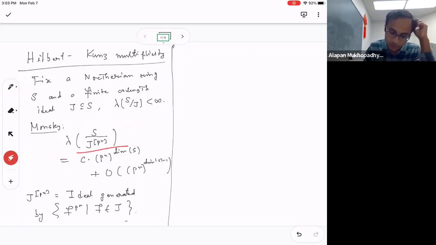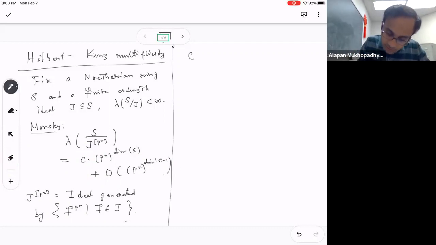It says that the length of S mod J bracket P to the N goes as some constant C times P to the N times the dimension of S, and then lower order terms. This C is called the Hilbert-Kunz multiplicity of the pair S comma J.